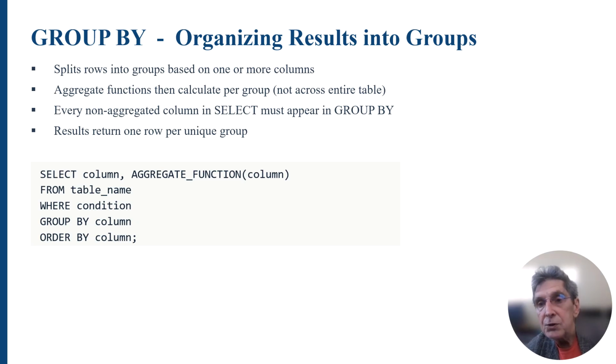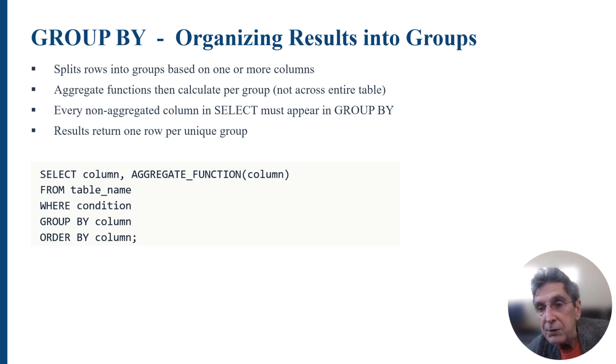Group by splits the results into groups based on their values in one or more columns. Then the aggregate function calculates separately for each grouping, producing one row for each group. This is critical. But there is one rule that I want you to commit to memory. Every column in your select clause that is not inside an aggregate function must appear in your group by clause. Postgres strictly enforces this rule and will throw you an error if you violate it.